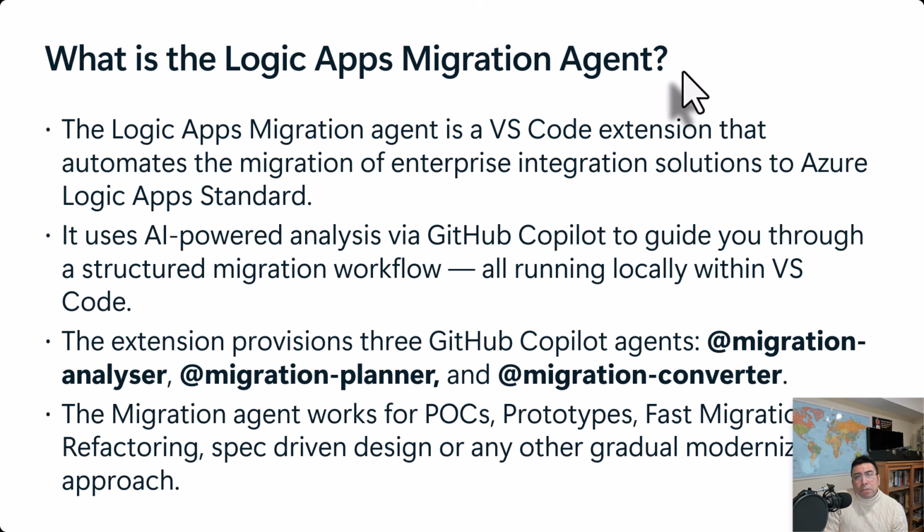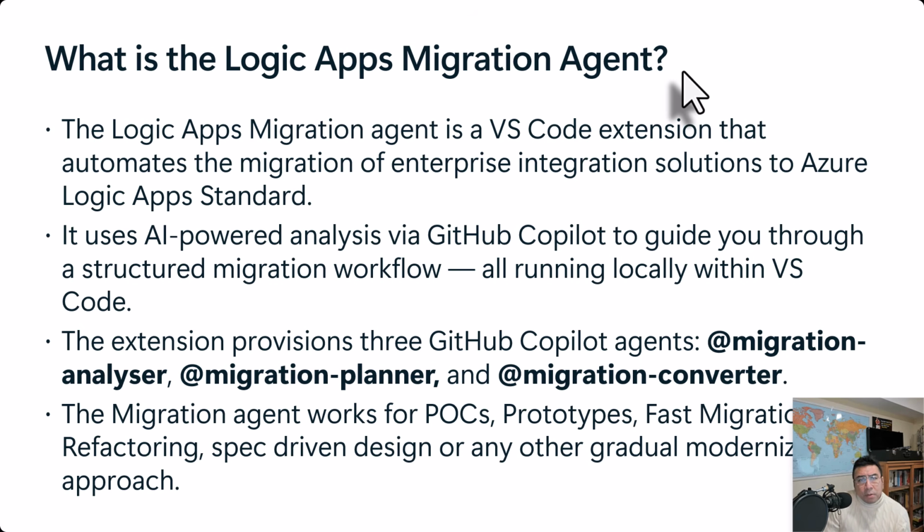Now, getting into the details of what the Logic Apps Migration Agent is, it is a VS Code extension. So you will need VS Code, and you will need an extension that you will need to download from the VS Code marketplace. This extension automates the migration of enterprise integration solutions to Azure Logic Apps standard.